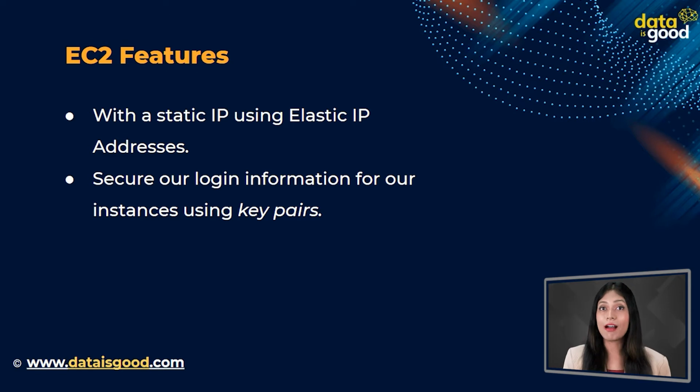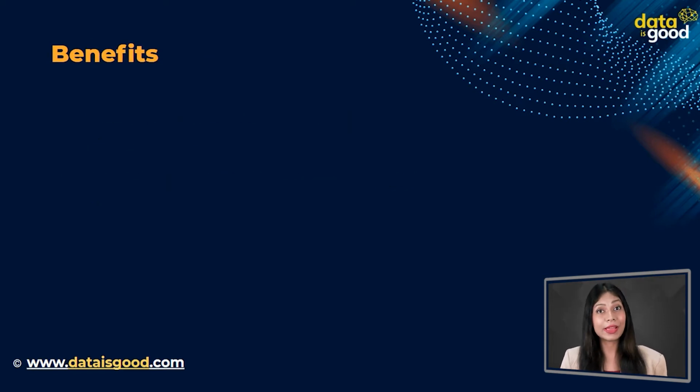Amazon secures our keys by storing the public key, and we get to store our private key in a secure place where it is hidden but easily accessible. We can get to know that the EC2 service of AWS is very important and useful by the features and the benefits. We saw features of using EC2 instances, and now we will look at the benefits of using EC2 instances.